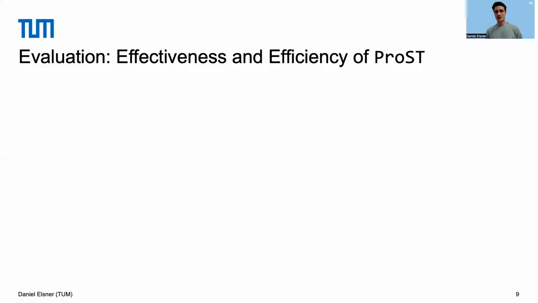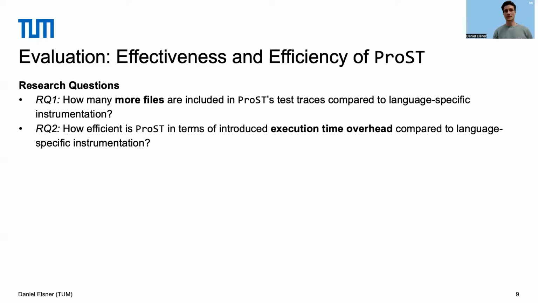All right, let's get into the evaluation about the effectiveness and efficiency of ProST. To evaluate effectiveness and efficiency, we had two research questions initially proposed. So the first one is, how many more files are actually included in ProST's test traces compared to a language-specific instrumentation? So this basically reflects the effectiveness of ProST.